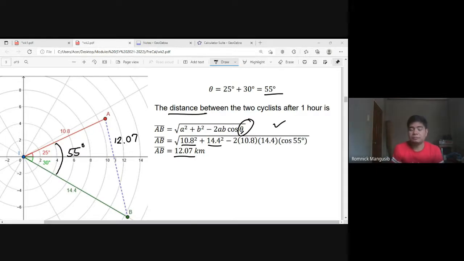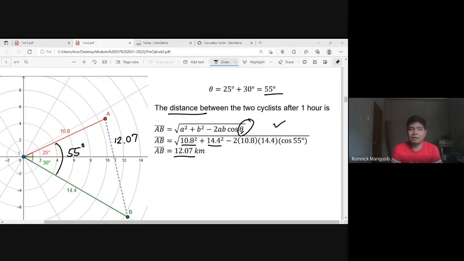Number 1, understand the final distance kasi may speed iyan. Kaya nakuha natin ang 10.8 and 14.4. Recognizing time, 1 hour. Tapos kung ilang metro bawat segundo. Okay? And then pagkatapos noon, you have to have an illustration, southeast, northeast, west of south, mga ganyan-ganyan.